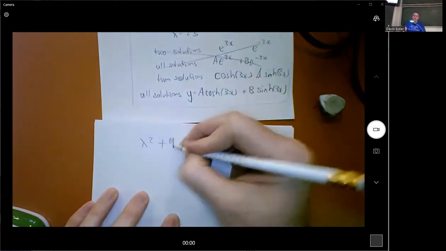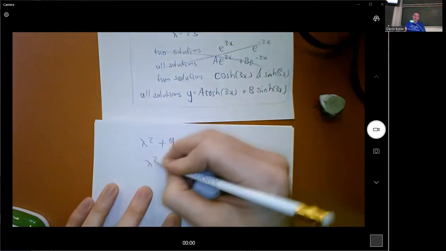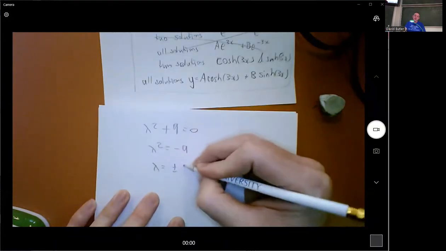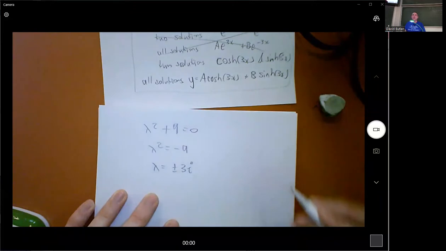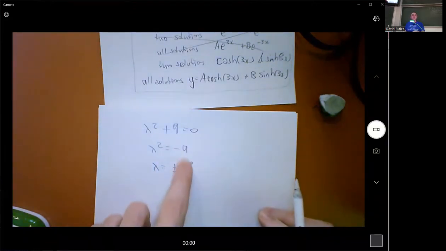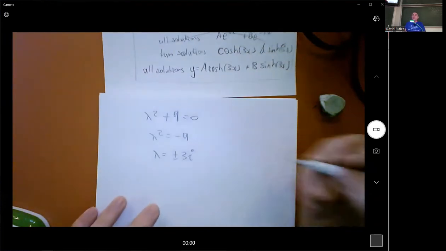I'm just going to do it with a specific number. So you get lambda squared is -9. And so lambda is plus or minus 3i. Because the 9 square roots to become a 3, the -1 square roots to become an i. And that's 0 plus 3i, right?